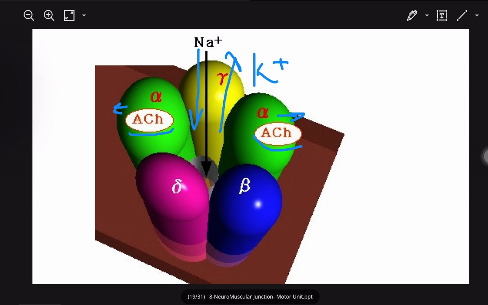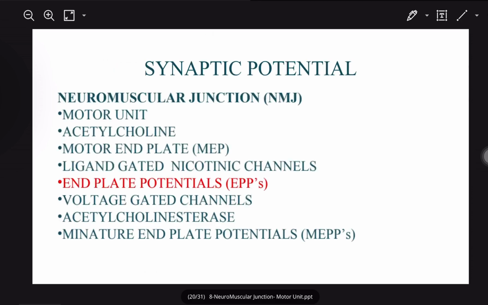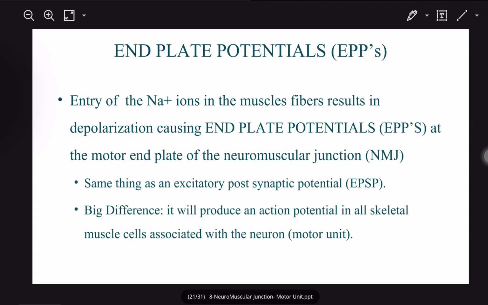Inside the gate, you just need to know it's open. Sodium goes inside, and now we're going to talk about what will happen. When sodium enters the muscle fiber, this results in depolarization, causing an end plate potential, EPP, at the motor end plate of the neuromuscular junction, NMJ.